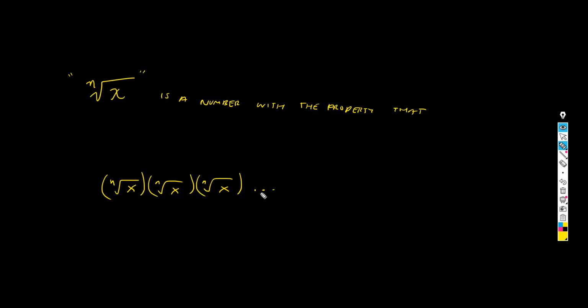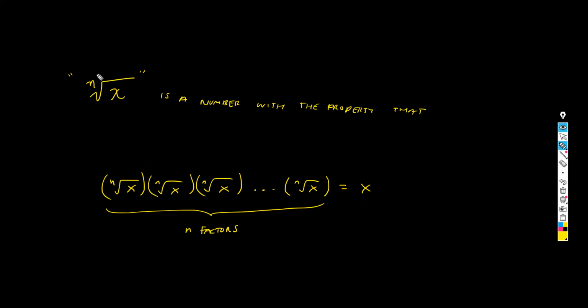By now you know that the three dots mean and so on until a final factor. When we multiply this number by itself n times, there are n factors here. Then what we get as the result is the number inside the radical, x.